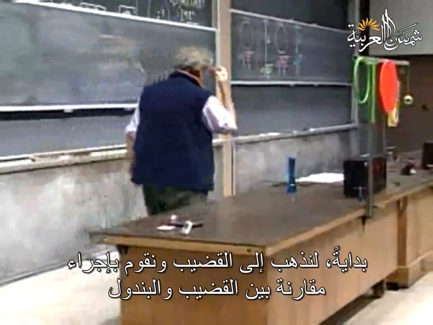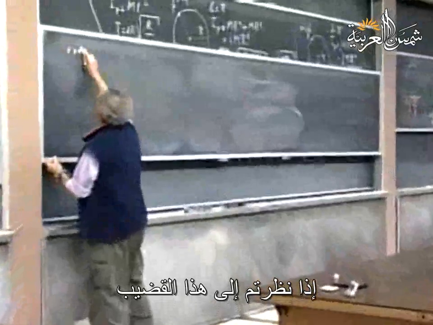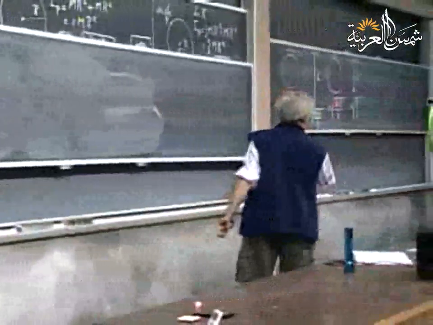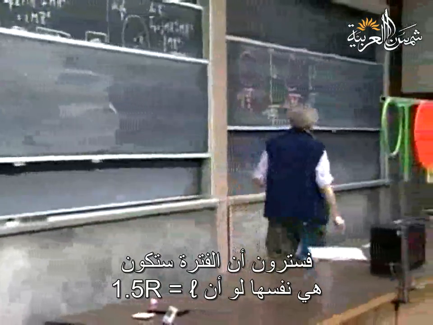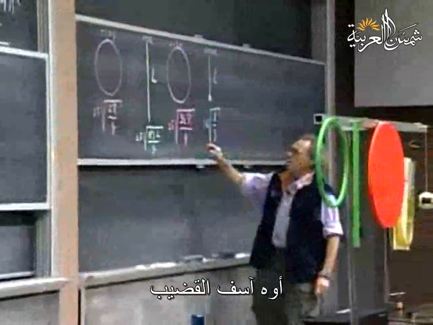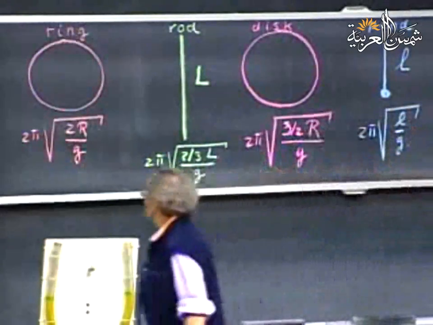So let's first go to the rod then, make the comparison between the rod and the pendulum. So if you look at the rod, and we use the pendulum as our standard, with length little l, then you see the period will be the same if 2/3 capital L is little l.